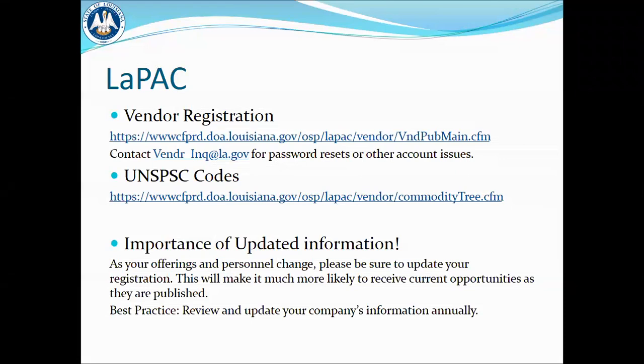So my recommendation is that you go through annually and make sure that whoever was the contact person still is, or that you've transferred the account ownership to a new person who is going to be able to actively manage it. This will ensure that we're able to get in touch with somebody on the fly as needed, and it'll make it much more likely that you'll see bid opportunities as they become available.